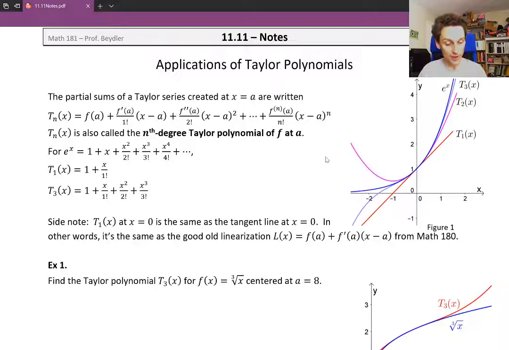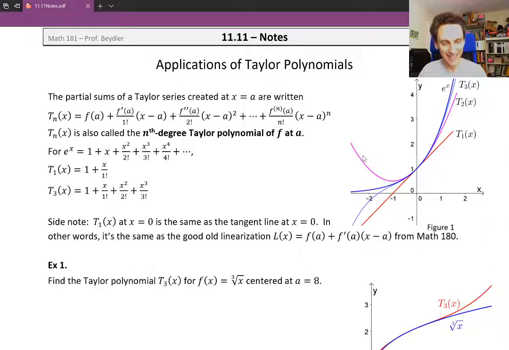Now, if you wanted to graph some of those Taylor polynomials along with the e to the x function, so e to the x is drawn in blue in figure 1, and then T1, which is the first Terminator movie, no, it's the first degree Taylor polynomial. That's going to be this line right here, 1 plus x. You can see that it has a y-intercept of 1 and has a slope of 1.